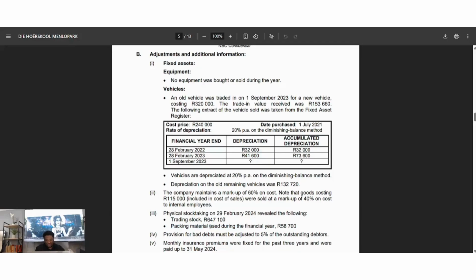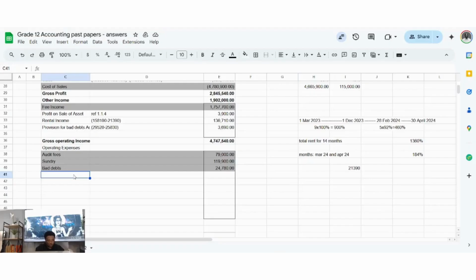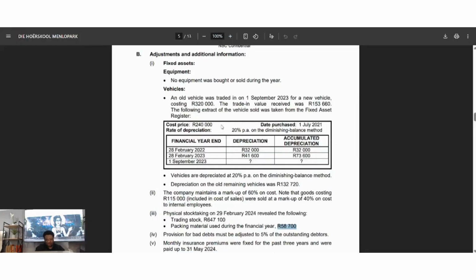But the key thing here, they said used. So basically the material used is the one that is an expense, and the one that is on hand is the one that becomes an inventory when we do the statement of financial position. So our expense here is just straight up going to be 58,700 because that's how much has been used. So then we would say packing materials, and then we would just have 58,700. All right, and then let's move on to the next expense.